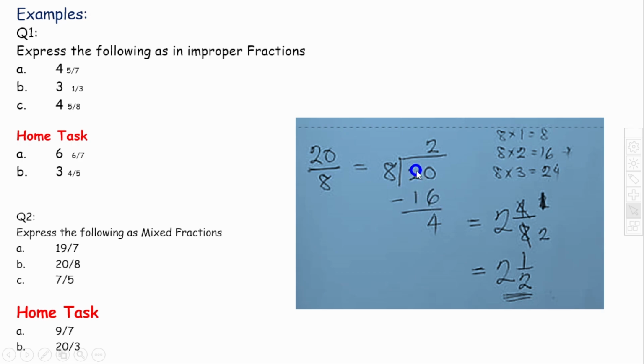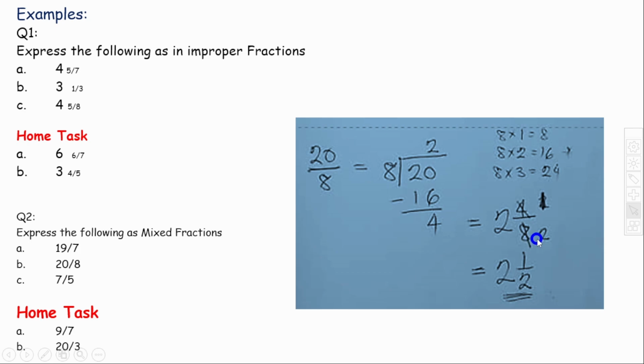So we now say 20 minus 16 is what? 4. This 4 is the remainder. So we now write 2 whole number, this 2 on top is the whole number, 2 whole number, 4 all over 8. That's the final answer. But you can decide to find out if there's a common factor between 4 and 8, and there is a common factor.